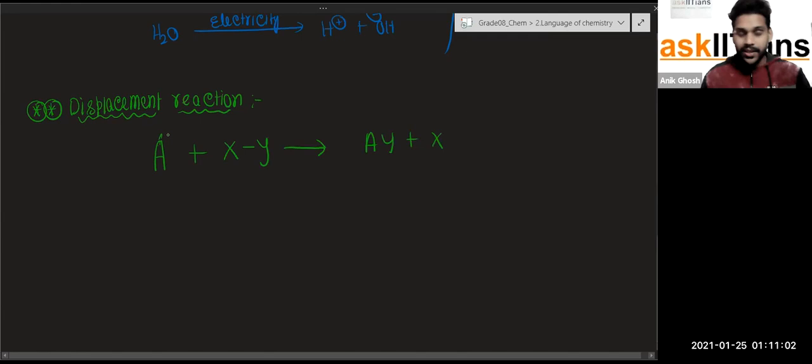A is just replacing the position of X, and Y is there. So together they are making the complex now, AY. Okay, and X is getting displaced. Got my point? This is something like how does it happen, right? You might be thinking, how does it happen?